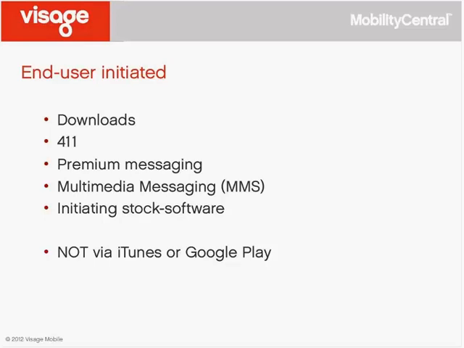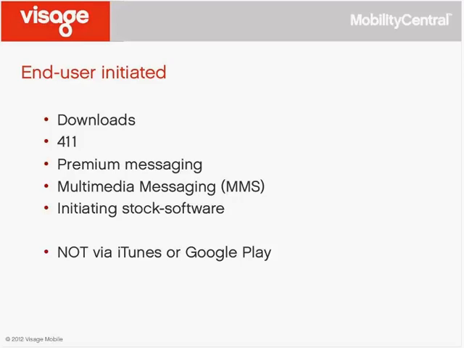Some examples of end user initiated bad spend are downloads, 411, premium messaging, and MMS, which is multimedia messaging. That's just attaching a picture or video to a text message. Another is initiating stock software. This is something that a lot of people don't know a lot about. A lot of these devices on the different carriers come preloaded with software. Probably the most familiar would be Verizon Wireless Let's Golf 2.